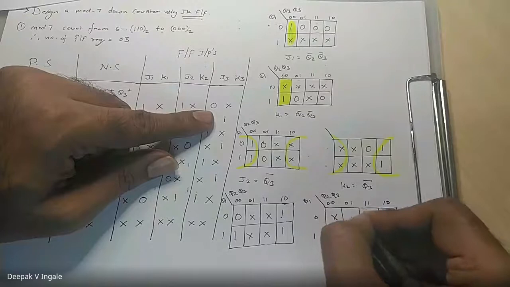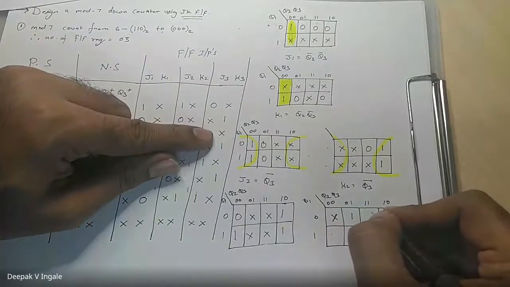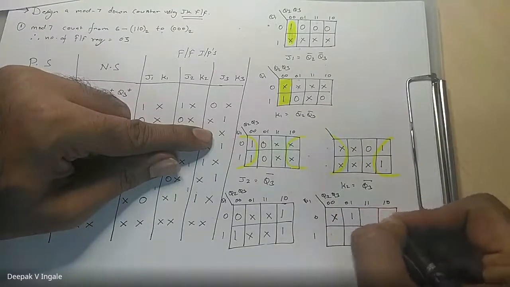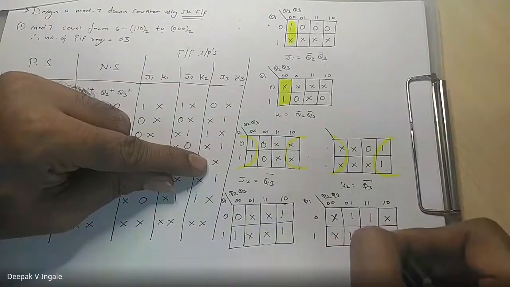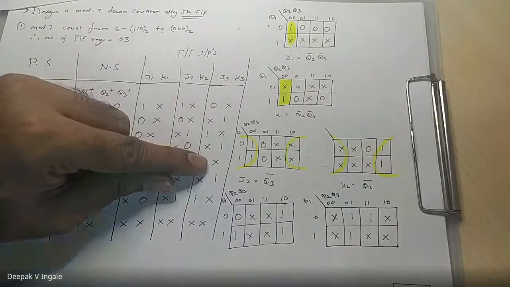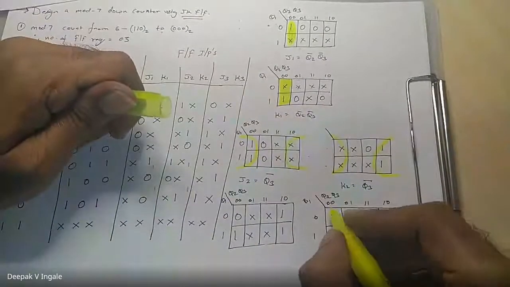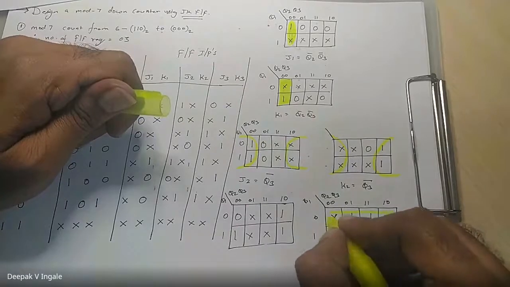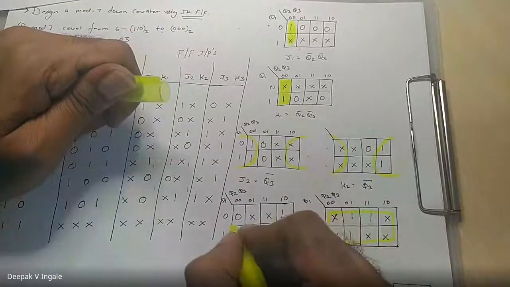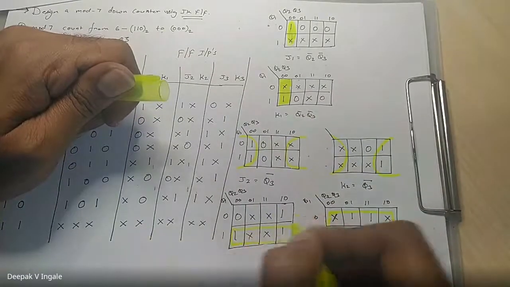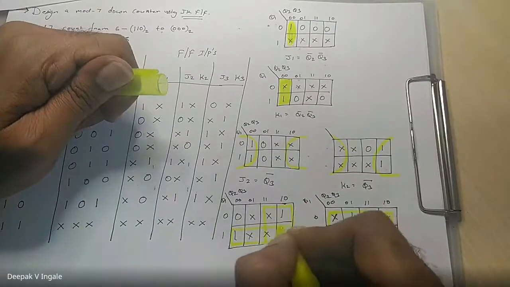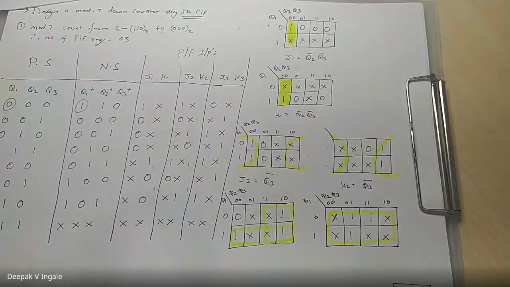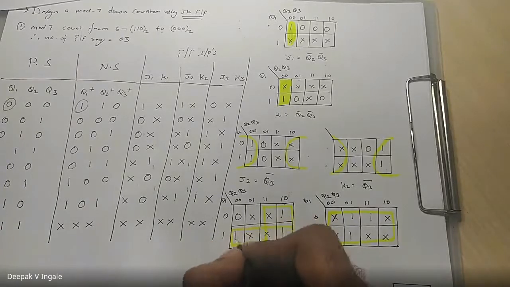So this is going to be 1x, sorry, x1, x1, x1, xx. So here you can group this entire thing into one octet. This you can group into one quad and one quad. So you can get two quads here.